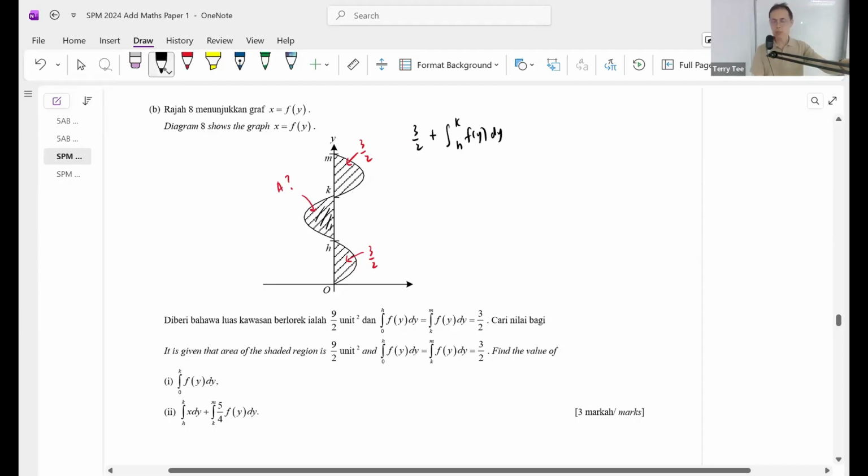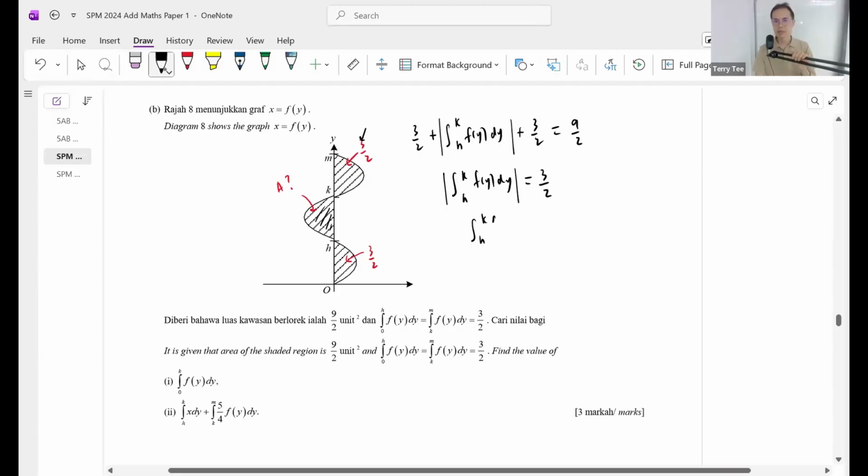Normally we can get a negative value when you integrate, but the area cannot be negative, so we take the modulus. Then you add this part on the right-hand side, 3 over 2. Your total area is 9 over 2. So you can write this as 9 over 2 minus 3 over 2 minus 3 over 2, which is 3 over 2. You can put a modulus if you want, but always remember the final answer is negative.